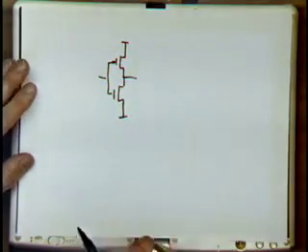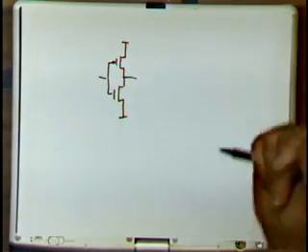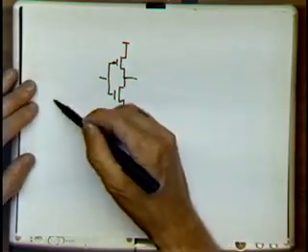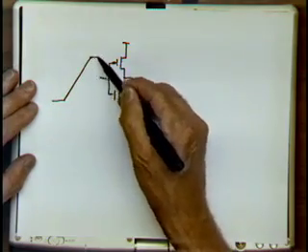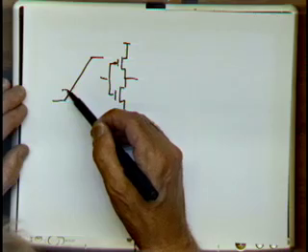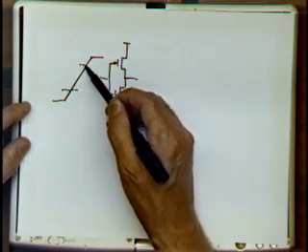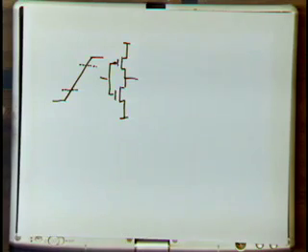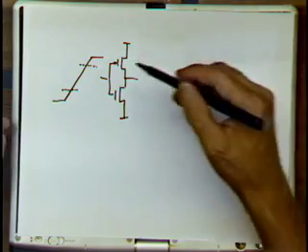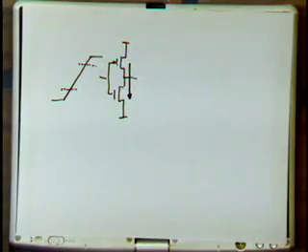And instead of having my input as a step, which basically turns off the PMOS or the NMOS instantaneously, I'm going to apply a slope factor. Okay? Then you see from the time you are above VTN and below VDD minus VTP, both PMOS and NMOS are going to be on simultaneously. Right? So there's going to be current flowing from VDD to ground, and we have power dissipation.